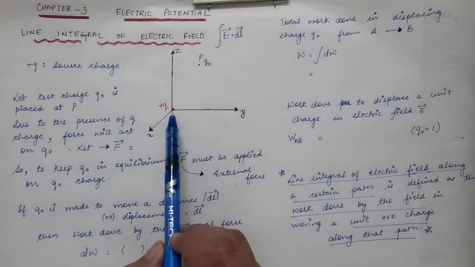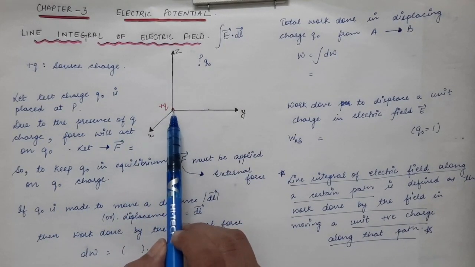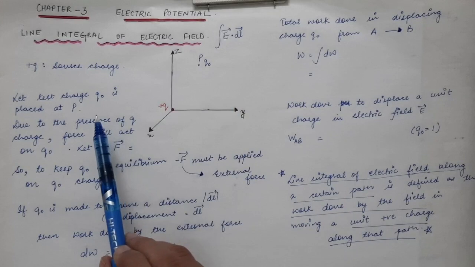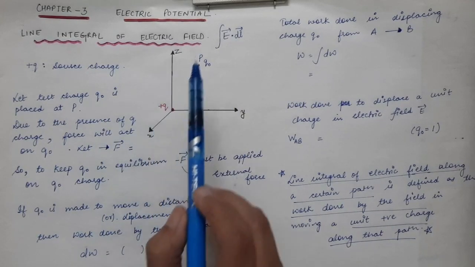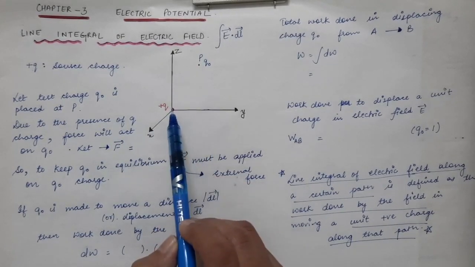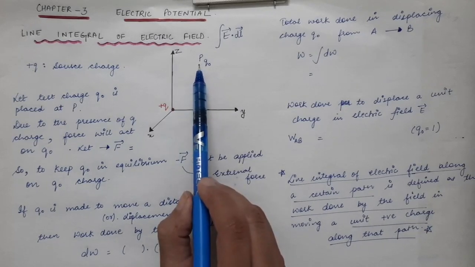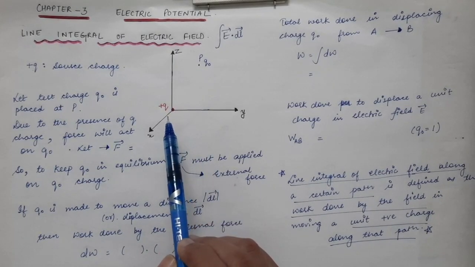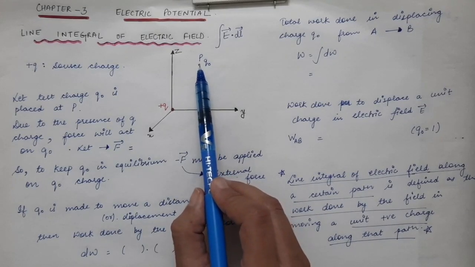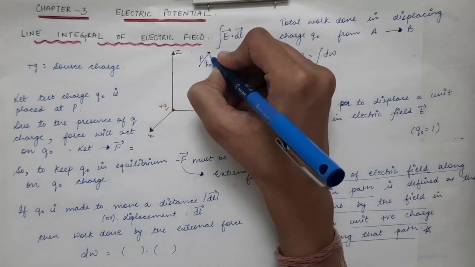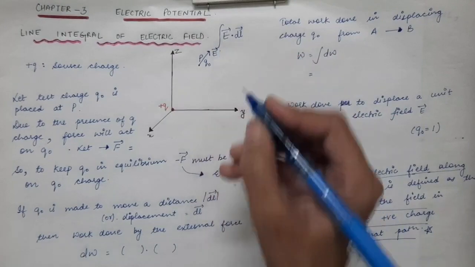Now there is a source charge, and due to the presence of this source charge, there will be electric field present all over the space around the source charge. So there will be some electric field at this point P as well, and that will be due to the source charge plus Q. Let's say at this point the electric field due to the source charge is in this direction, and that is represented by E vector.